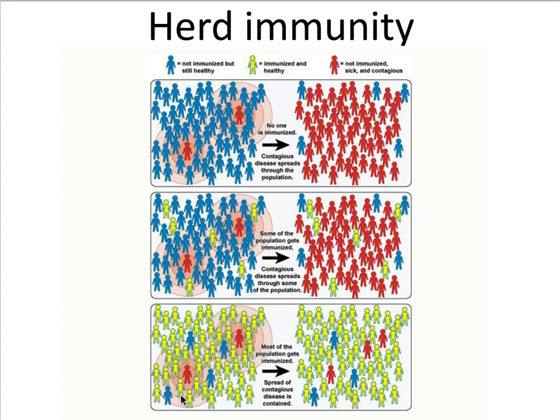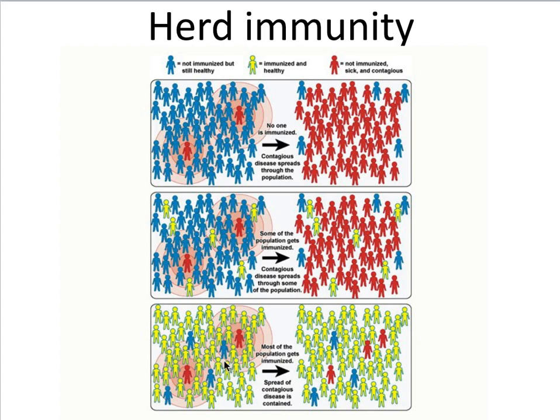Then we go to this situation. All the yellow people have been immunized or got the disease before and are immune. And we again have these two infected people, but because they're surrounded by immune people, it's more difficult for the non-immune people to get infected.